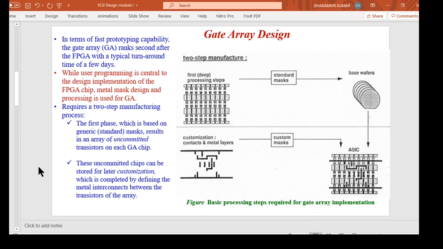Gate array design. So let's see what is gate array design. Till now we have seen full custom design and standard cells based design.